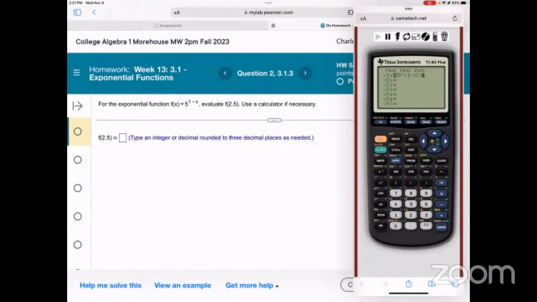Now the variable button, A, B, C, D. I do not know how to find that one. Probably one of these up here. Let me try F11. No, nothing.